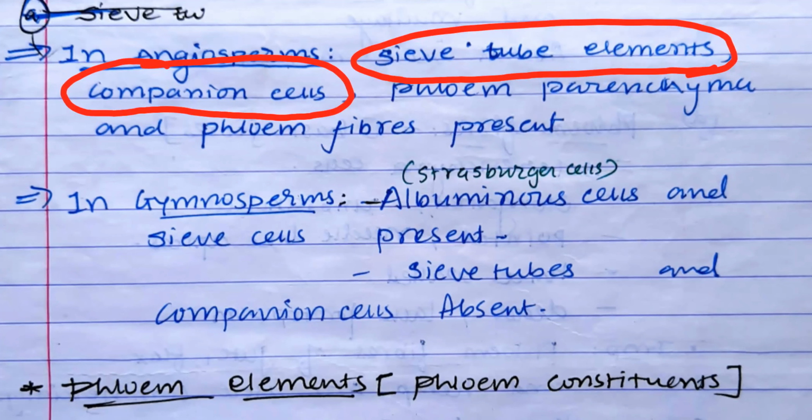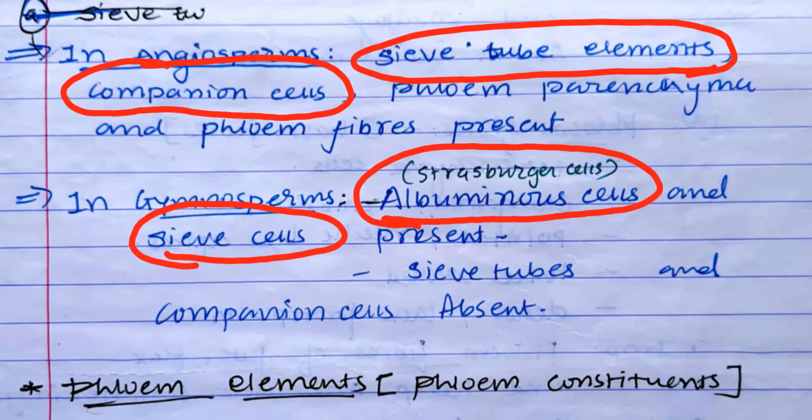On the other hand, we have the gymnospermic phloem, the phloem tissue in the gymnospermic plants. It includes sieve cells as conducting elements, and to assist them, the supporting cells are albuminous cells, or you may call them Strasburger cells, equivalent to the companion cells of angiosperms.